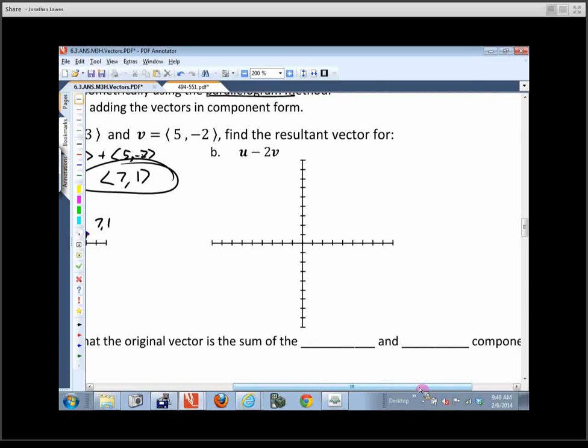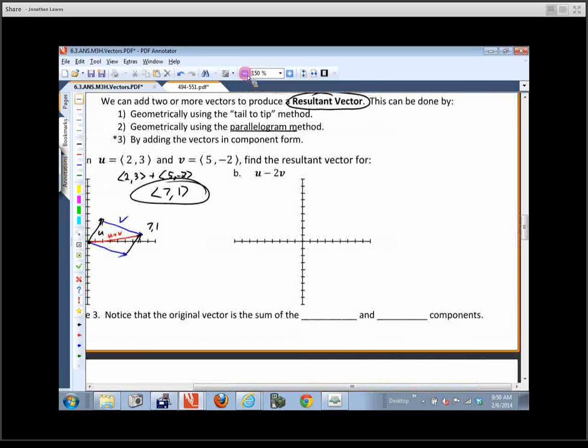using components. Okay, let me show you one quick thing, and we'll pick up right here, but I just want you to know this. What if I did u minus 2v? Well, if I were to do this using the tail to tip method, I draw u. There's u. What would minus 2v be represented as? 2 of these going in the opposite direction.